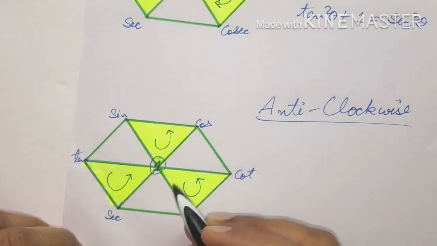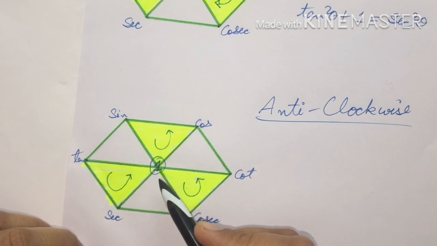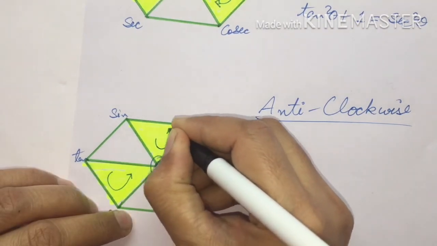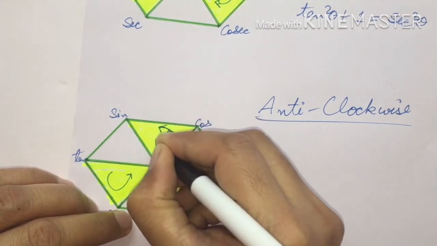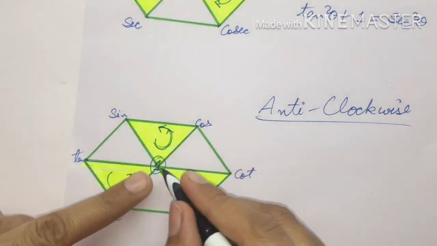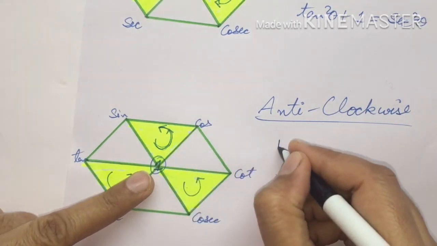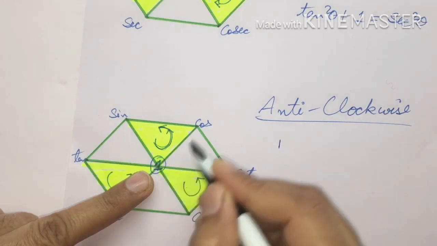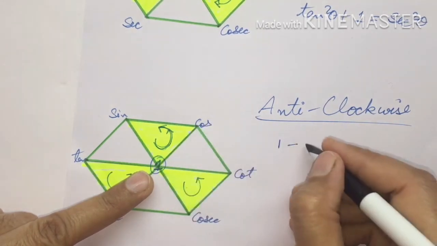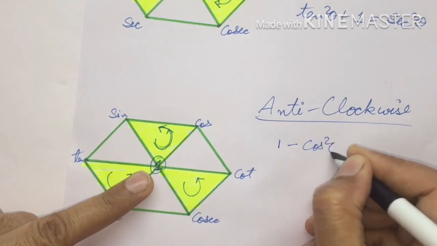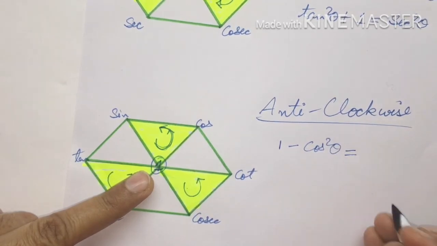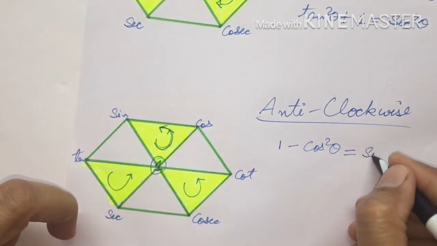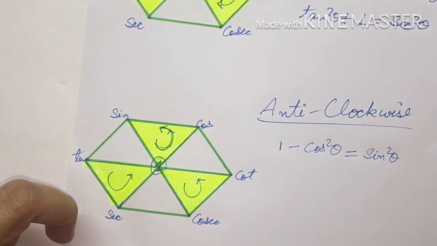So when we move the arrow in the anti-clockwise direction, in the first triangle we start from 1. In the anti-clockwise direction we use the minus sign. So 1 minus the second function, cos square theta, is equal to the third function, sine square theta.